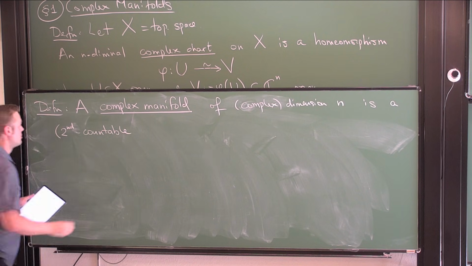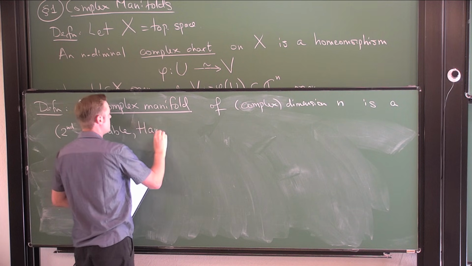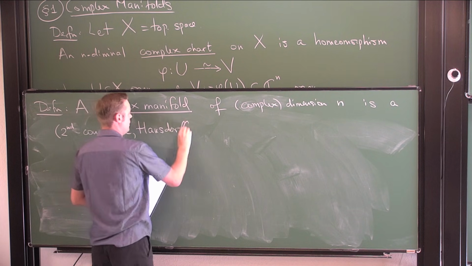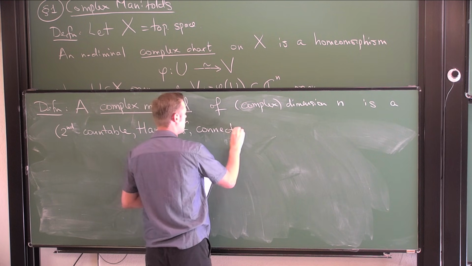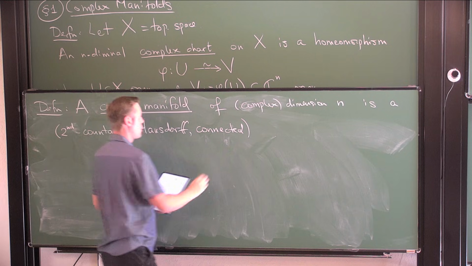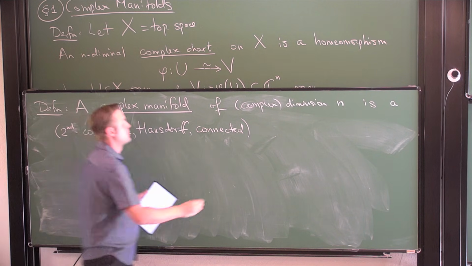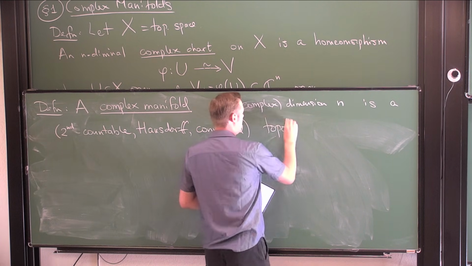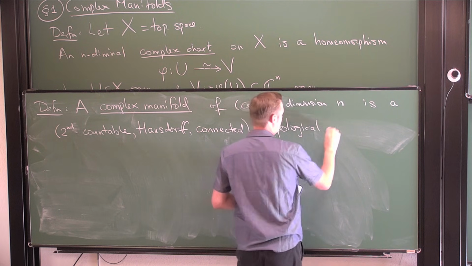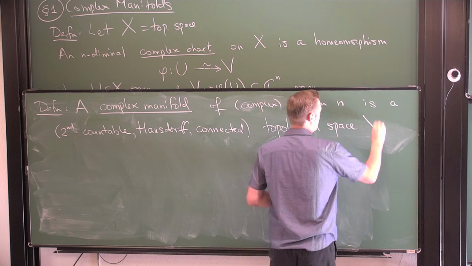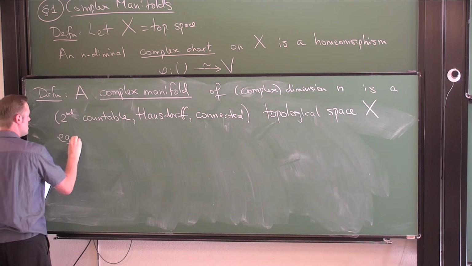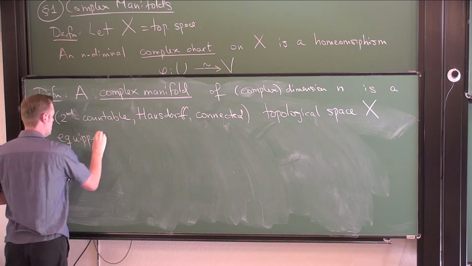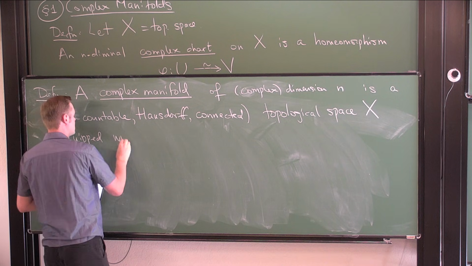So it's a second countable, Hausdorff, and I'll also include connected, although this is far less common, topological space X, which is equipped with a complex atlas.